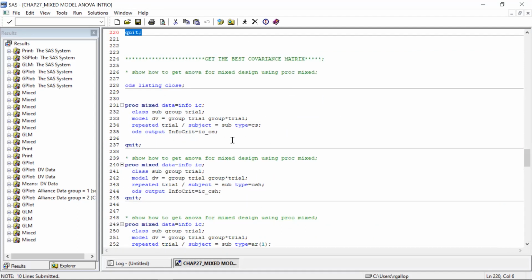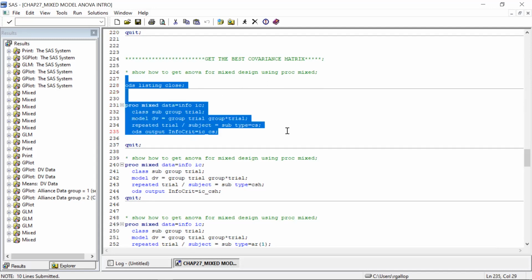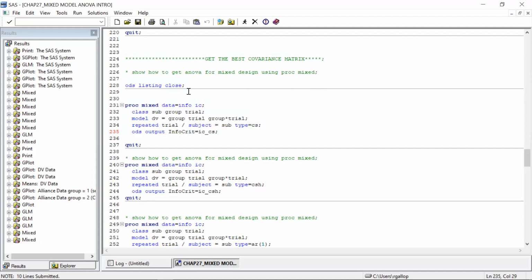So you see here, I walk through how to get the best covariance matrix with a little help from SAS. I'm turning the listing off. I'm leaning on line 235. Sometimes this is how I fit repeated measures data. I don't look at any of the output.